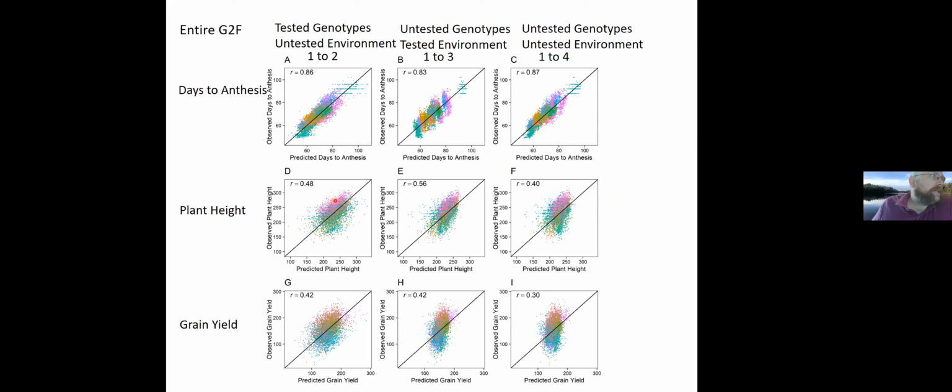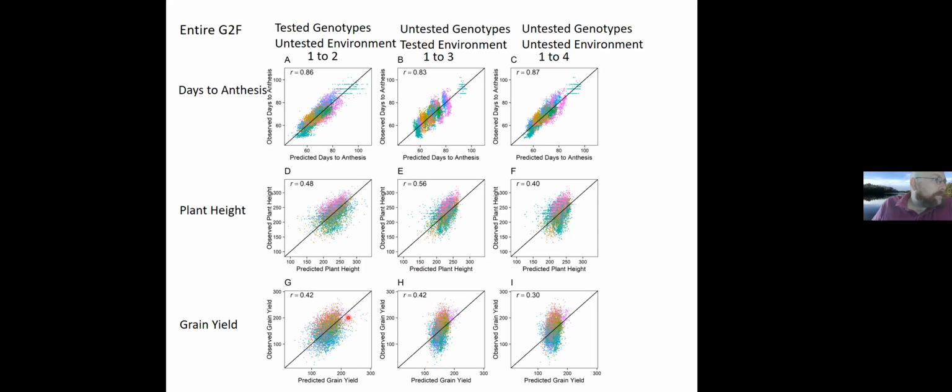We see for plant height and for tested genotypes and untested environments, we still obtain a relatively good overall prediction accuracy of 0.48. Even in the 1 to 3, we get 0.56, but by the time we're predicting untested genotypes and untested environments, our prediction accuracy does start to slide.